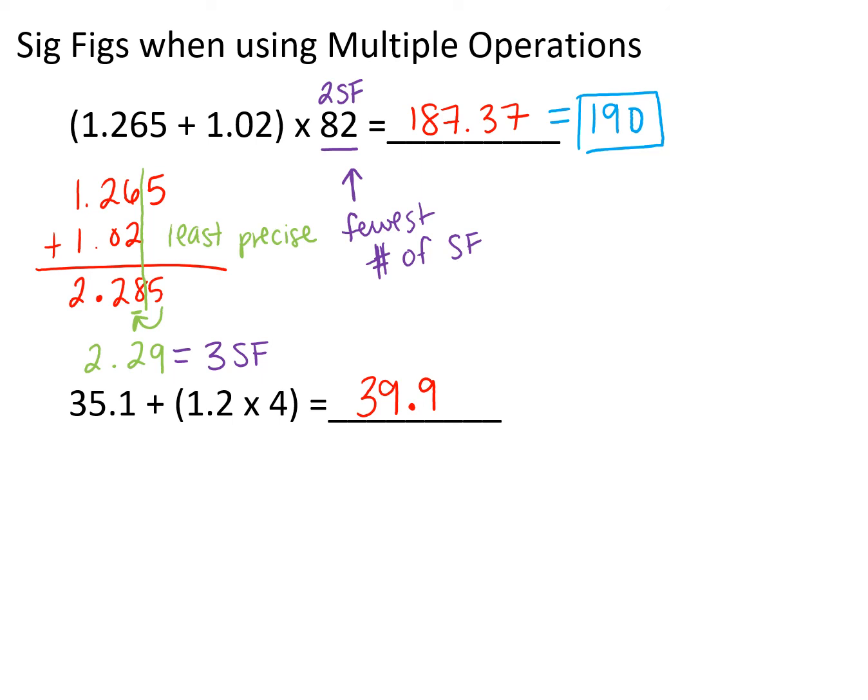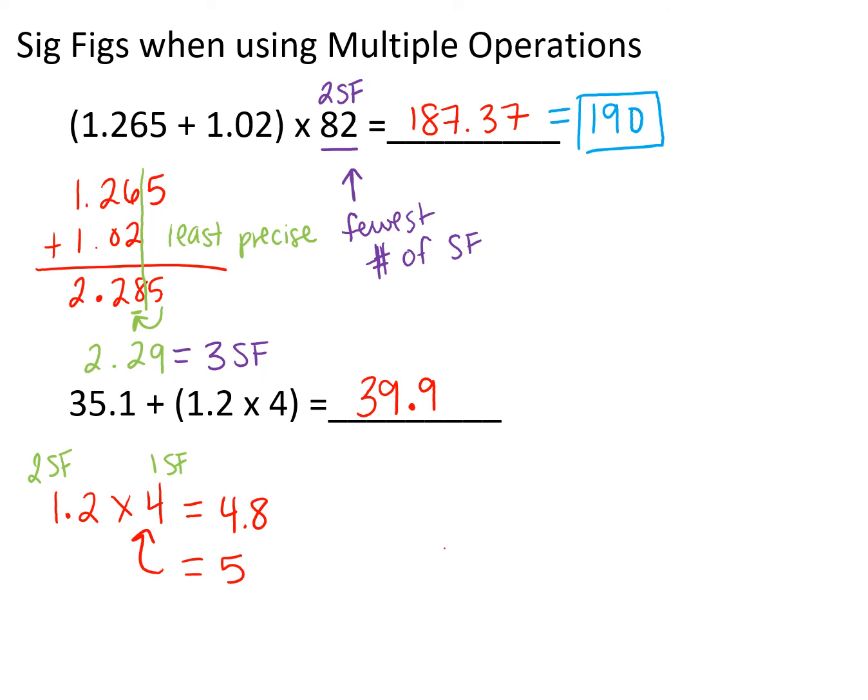So if I look at the first part of the problem, where I did 1.2 times 4, I see that 1.2 has 2 significant figures, and 4 has 1 significant figure. When I solved this part of the problem, I got 4.8 as my answer. Well, I would have to round that 4.8 to 5 to match the fewest number of sig figs in the problem.